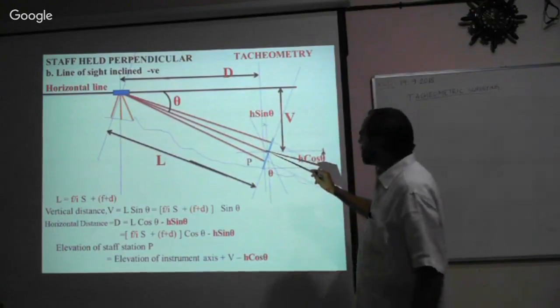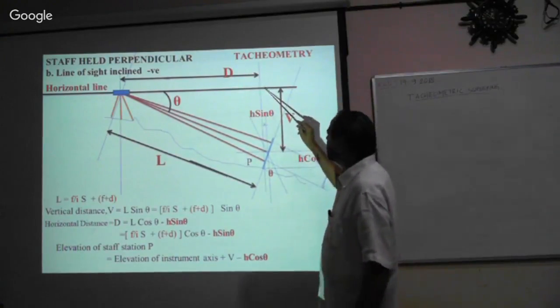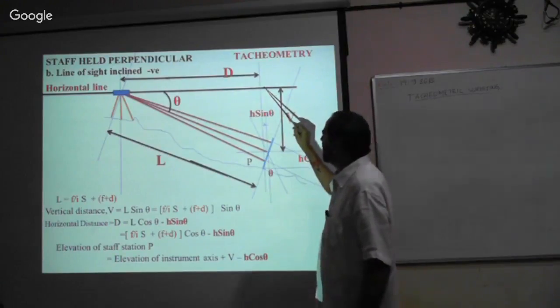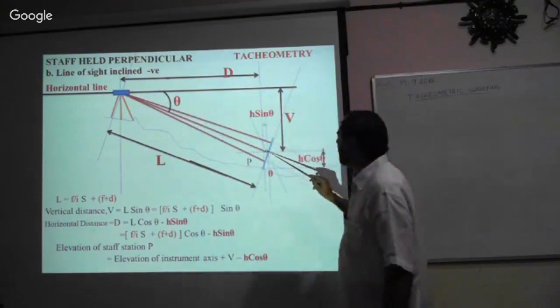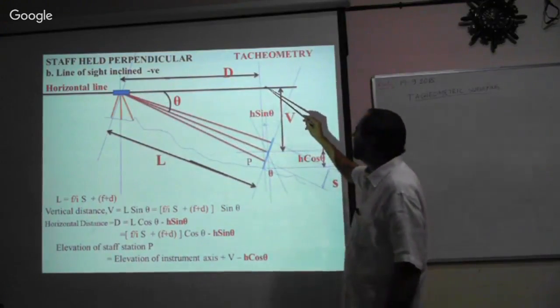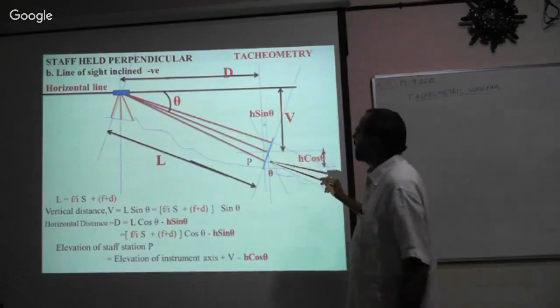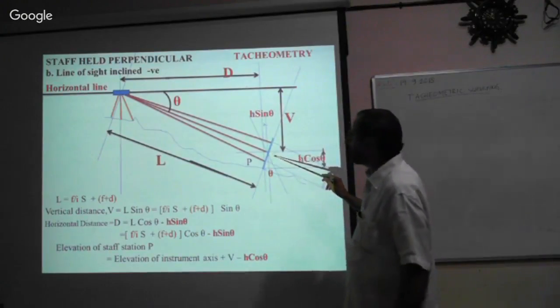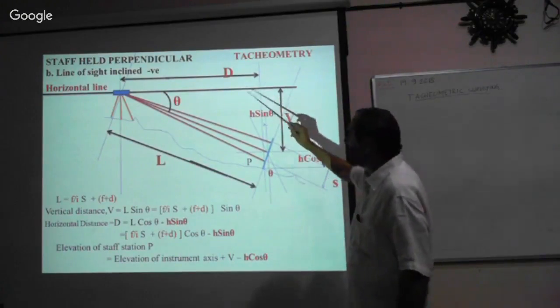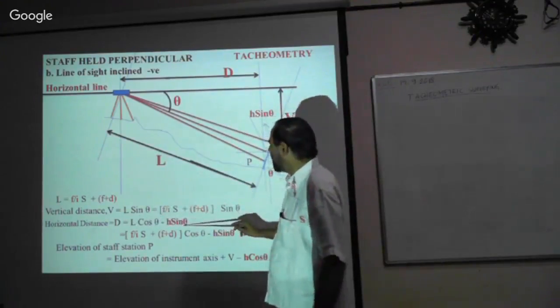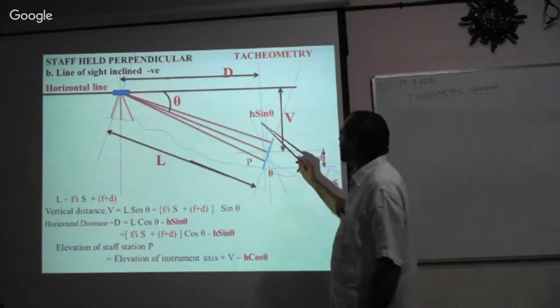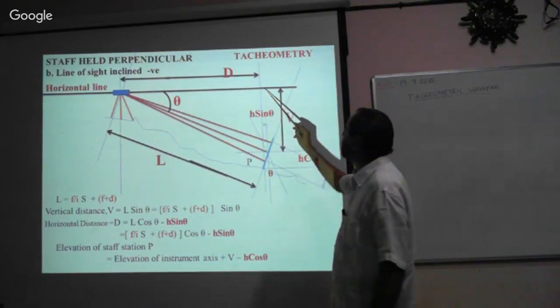Now considering the triangle from here to the central axis, the instrument axis, and the central hair reading, the horizontal distance D is equal to L cos theta minus H sin theta. This portion has to be deducted because the triangle is up to here.